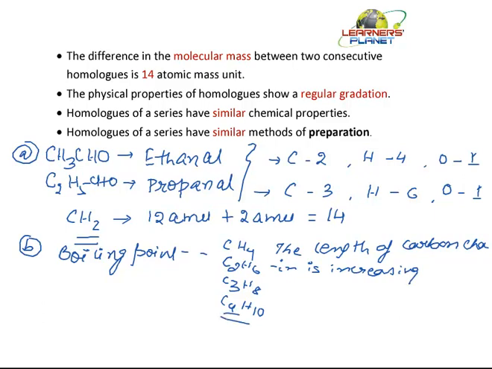Say if I take butane, what will be the length of its chain? It would be this long. Say I take another molecule also, so I'll have these long chains aligned together. As the length of the chain is more, the force of attraction is also more.